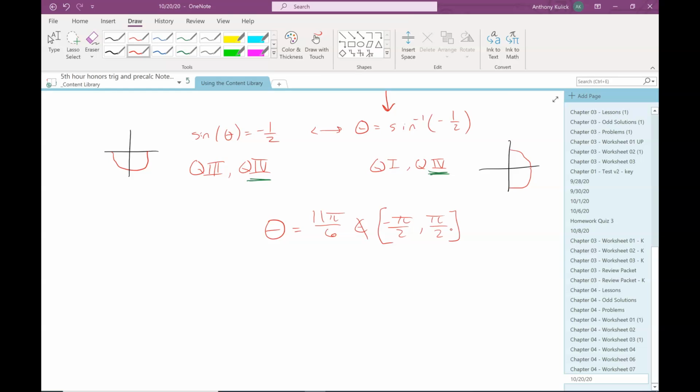So what do we need to do to this answer to make it correct? We're just going to find an angle that's coterminal to 11π/6 that does lie inside of that interval.